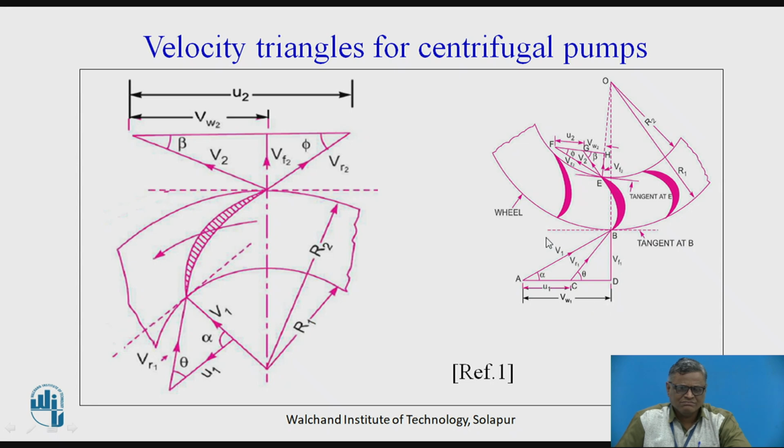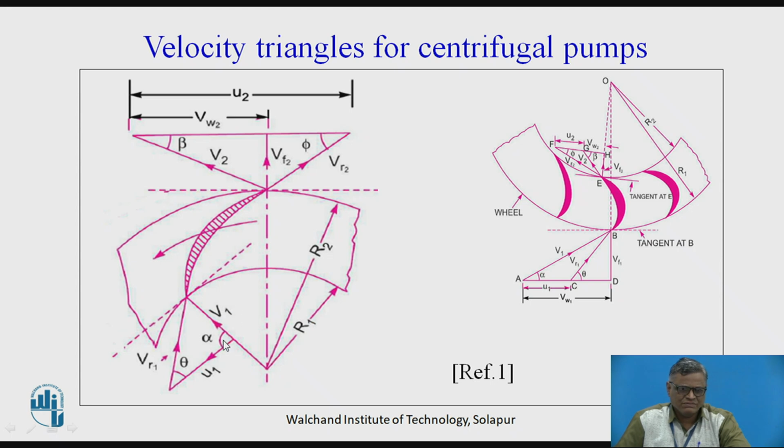But when v1 lies on the radial line itself, v1 is equal to vf1 and the value of vw1 is equal to 0. So v1 is radial outward, and v1 is equal to vf1.